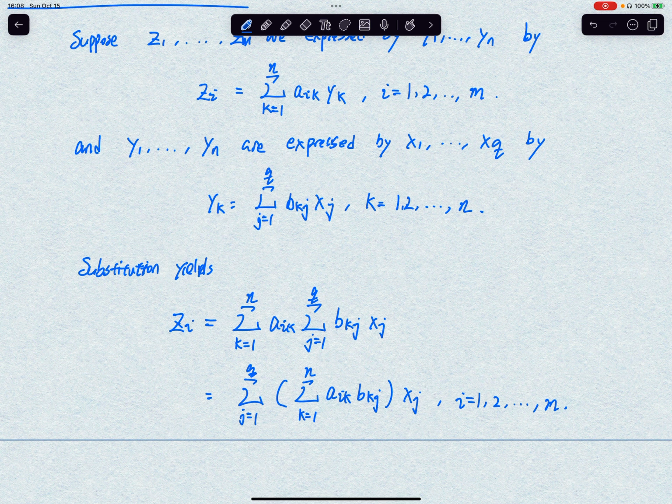And in accordance with this, we can formulate the definition of products between two matrices.